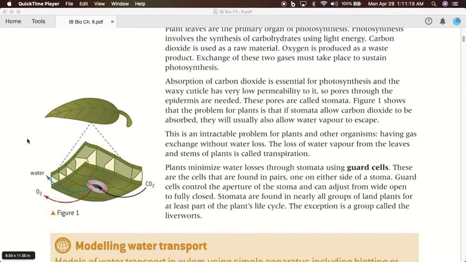Water is the thing that you break into hydrogens and oxygens, and we need the hydrogens to do the hydrogen pumping, which will help to change ADP into ATP, which is then going to fuel the light independent reactions of photosynthesis. So that's important that we don't lose too much water. But it's just a side effect of being able to collect CO2. So that's the gist on transpiration and understanding guard cells and stomata and gas exchange.